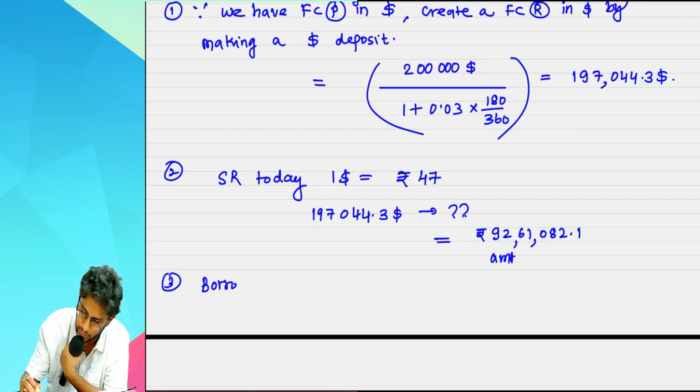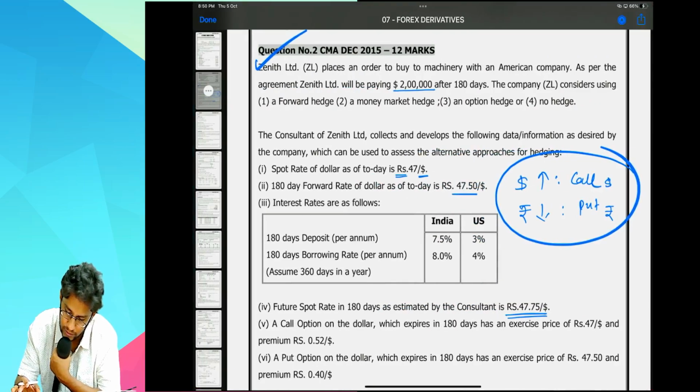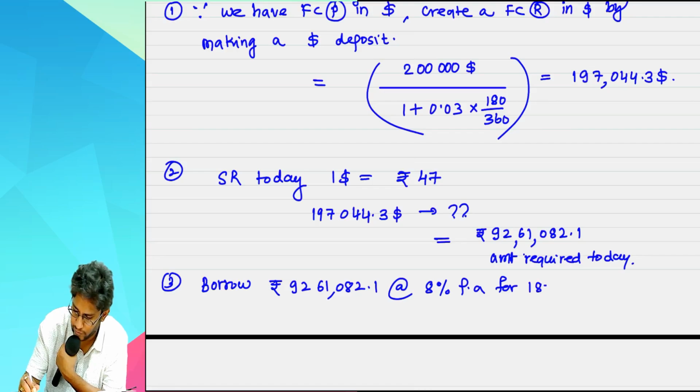This is the amount required today. Borrow rupees 9261,082.1 at the India bank borrowing rate, 8% per annum, for 180 days.